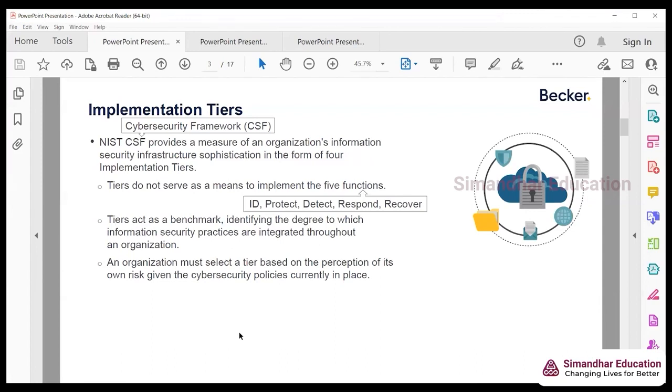As I said, it's a relative term. It is not the same or a standard for all organizations, even in a particular industry. Every organization has to evaluate on its own. They will have to evaluate their risks based on their risk profile, and they will have to decide on the implementation tiers.